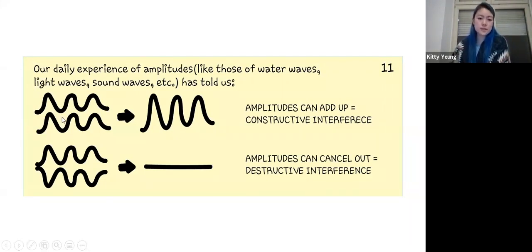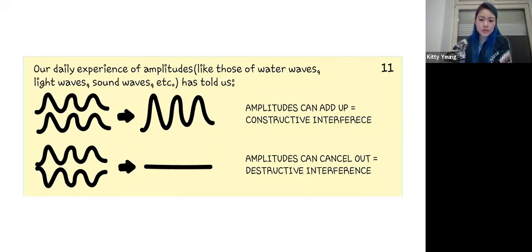You've seen a lot of these. We know that amplitudes, if they have the same sign, if they point in the same direction, they add up. So the amplitudes of two different waves, if they are constructively interfering, would be adding up. But if their signs are pointing in opposite directions, they will cancel each other out.